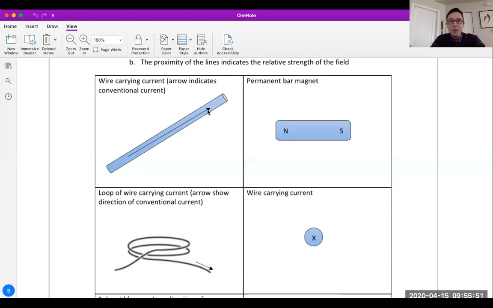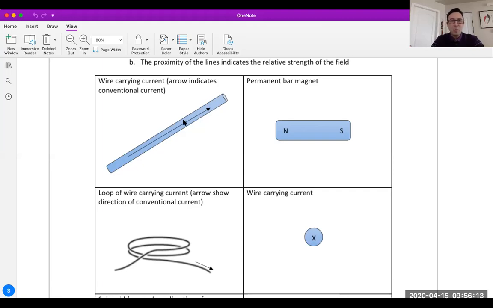But back in the day, when they were researching all of this, they had assumed that current was the movement of positive particles, namely protons. And so all the rules in physics are made based on that. So even though it's wrong, we still use that method.